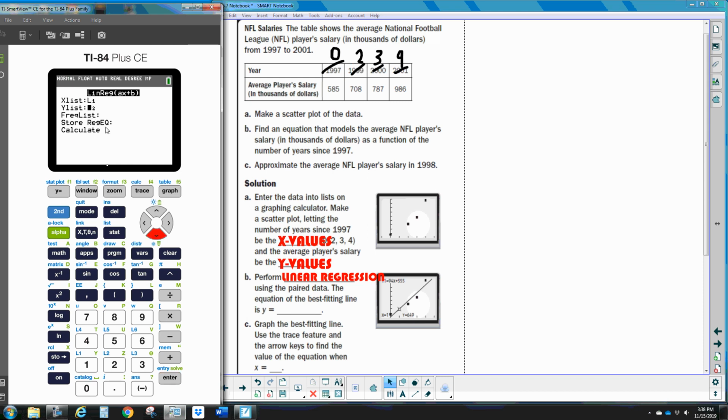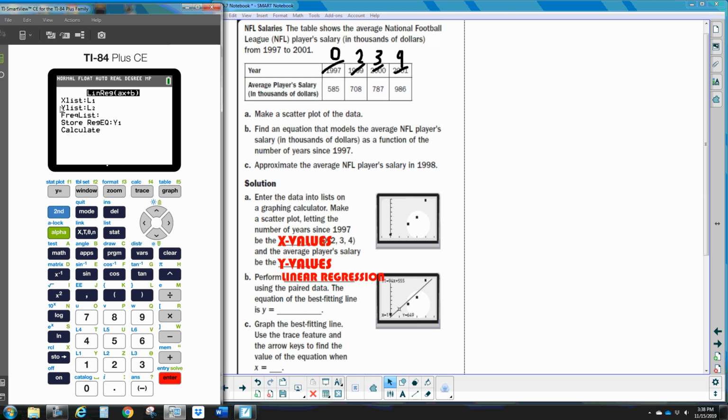And then we're actually going to store this regression equation into the y equals. So to store it, I'm going to click this vars button for variables. And I want to store it into one of my y variables. I want to store it as a function. So I'm going to choose number 1. And y1 is good.